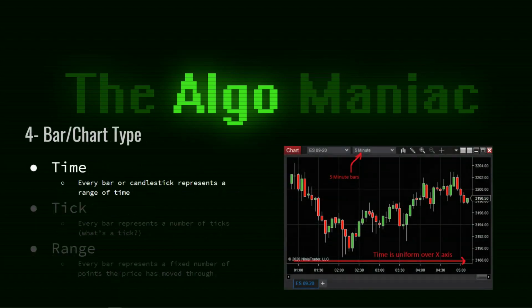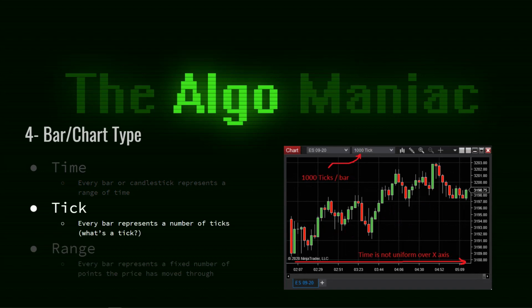So the fourth thing here, we have the bar or the chart type. There are charts that are time-based, which means basically every bar or every candle is a minute or 5 minutes or an hour and so on. And there are charts that are tick-based, which means every candle is 1,000 ticks or 2,000 ticks. That's also a way that you could build your strategy around.